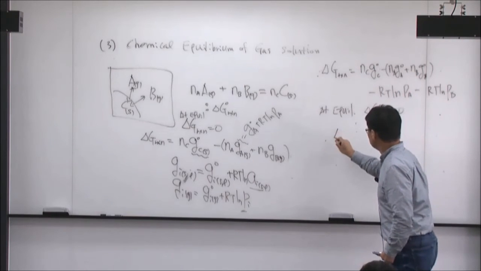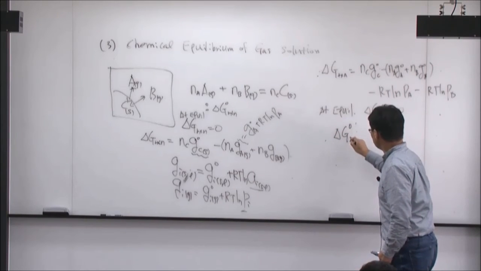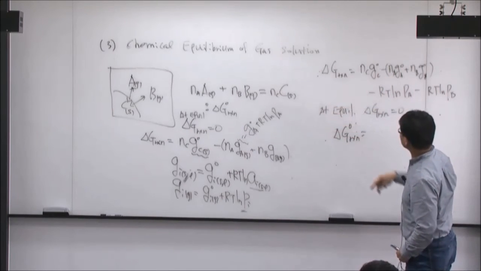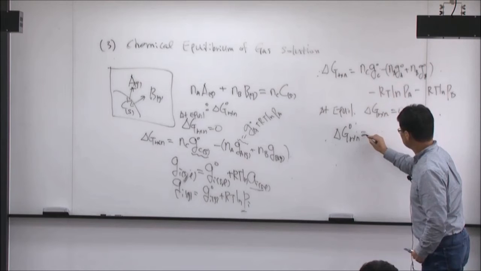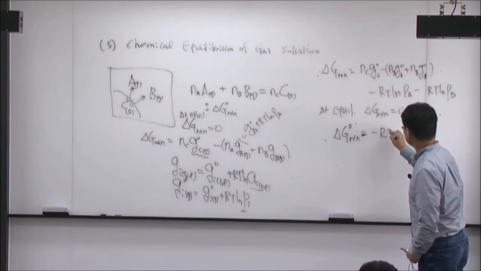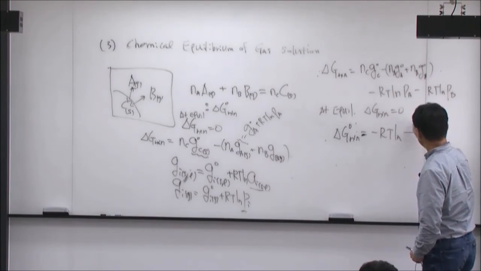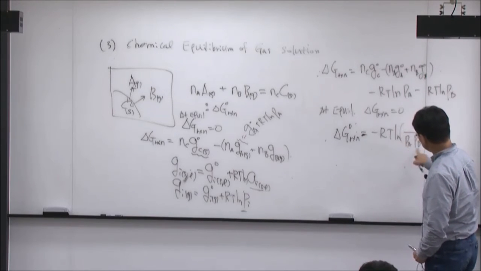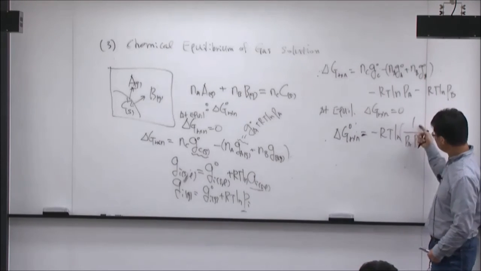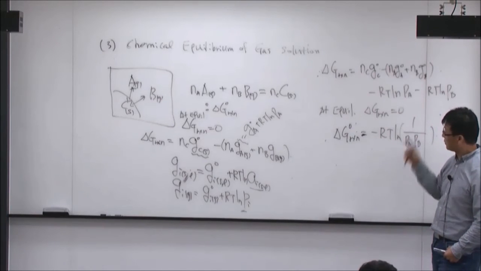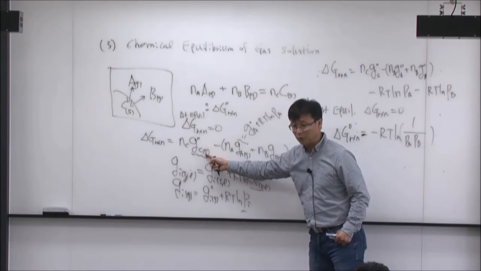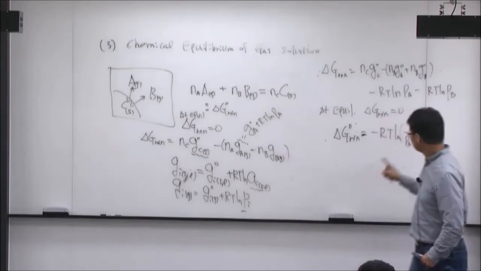So this is delta G naught of reaction. If I move this one to the other side, this will be equal to minus RT ln of 1 over PA to the NA, PB to the NB. So again, reactant below and product on top. And the product in this case is solid, pure, so it's 1.